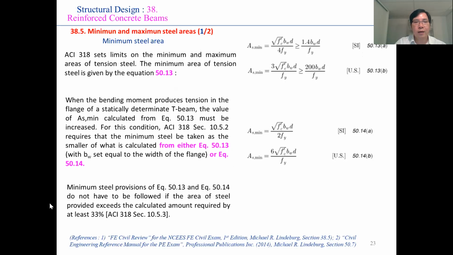Pay attention that the minimum steel provision of equation 15.13 and equation 15.14 do not have to be followed if the area of steel provided exceeds the calculated amount required by at least 30%, according to ACI 318 section 10.5.3.